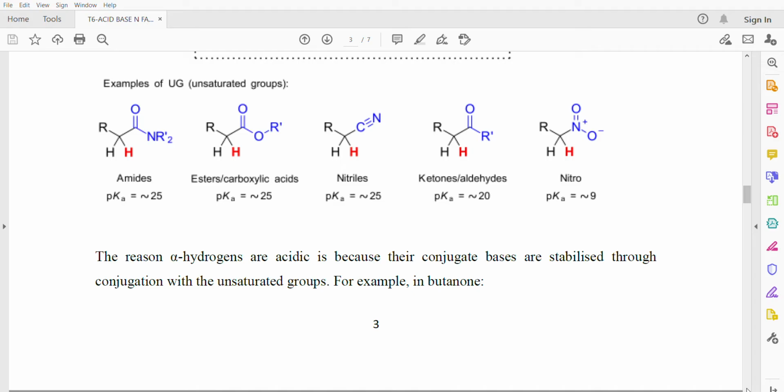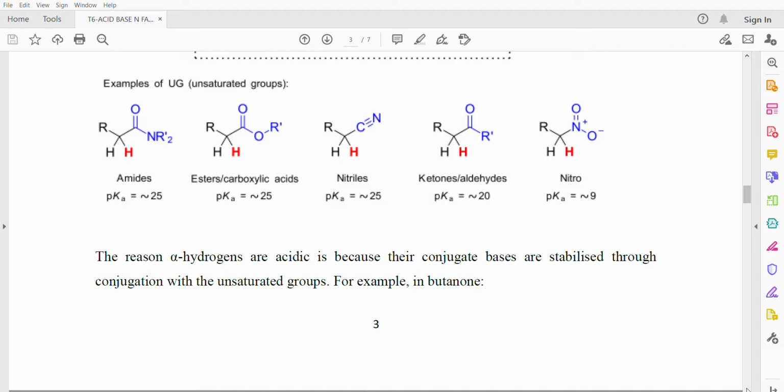When the proton is removed, a negative charge comes, and the amide, carboxylic acid, ester, nitrile, ketone, aldehyde or nitro group is conjugating, stabilizing the conjugate base.